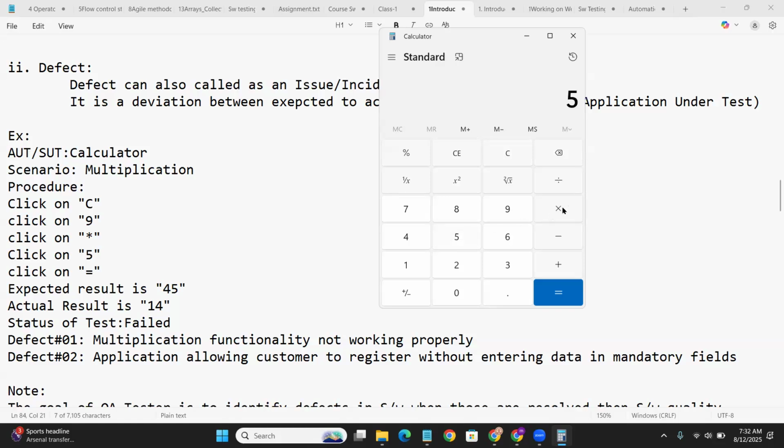When I operate it the same way, instead of 45, maybe I get 14 after performing this operation. The expected result is 45, but the actual result I got is 14. Status: failed.